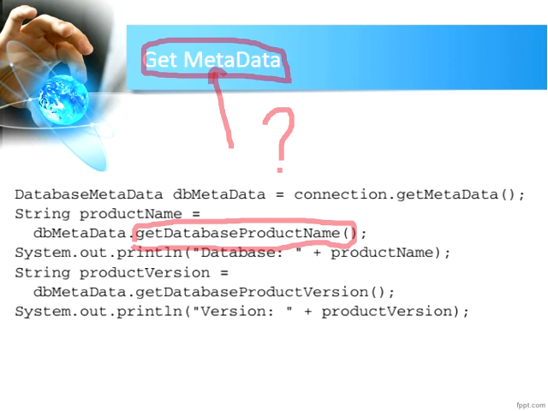We will create a DatabaseMetaData object, and after that, by invoking getDatabaseProductName, we will find the product name. The product version can also be extracted by using the method getDatabaseProductVersion, etc.